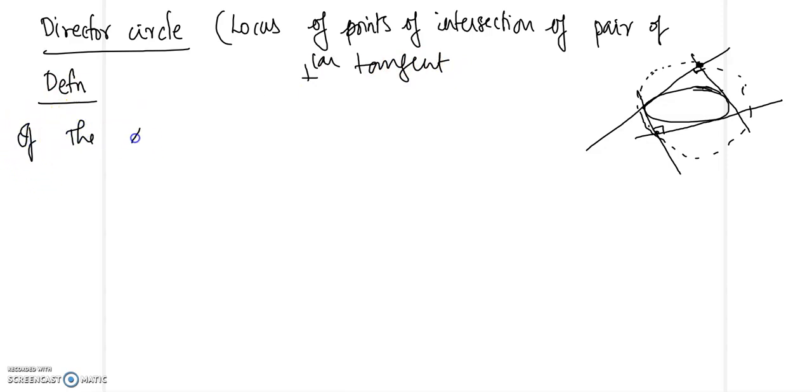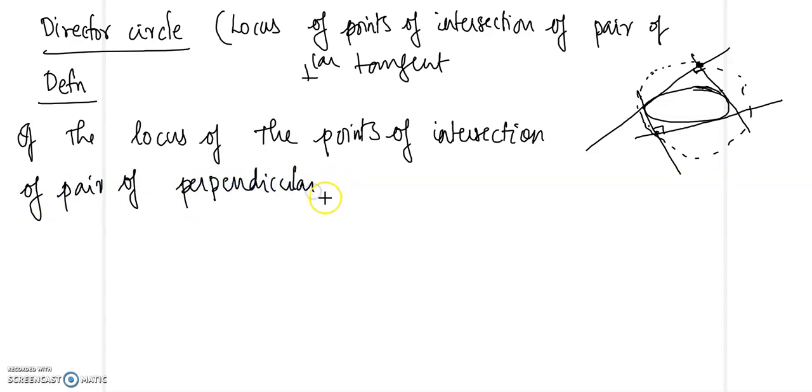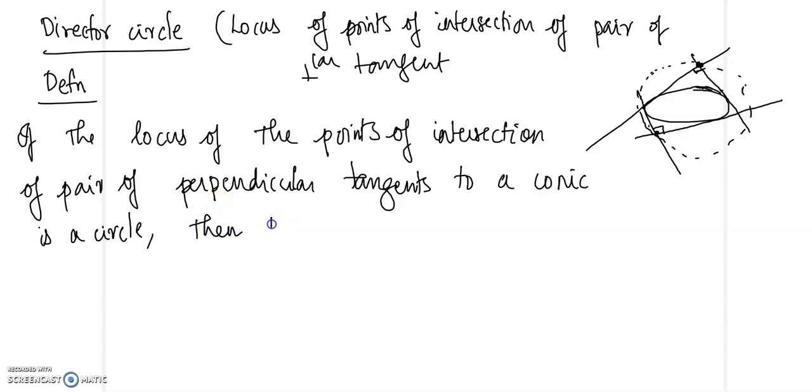So if the locus of the points of intersection of pair of perpendicular tangents to a conic is a circle, then that circle is called the director circle of the conic.